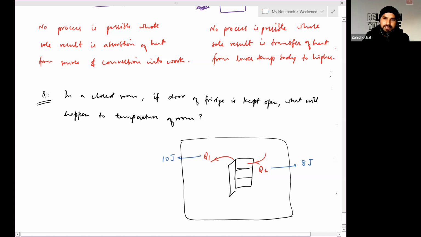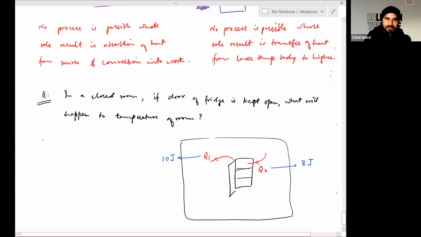So for each cycle, how much energy is supplied to this particular system? Q1 minus Q2, that will be 2 joule. So this 2 joule heat will lead to increased temperature of this particular room. Hence, temperature of room increases in this condition. Matthew, is it clear? Yes, sir.